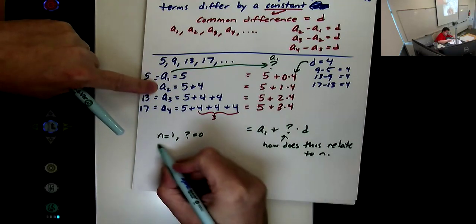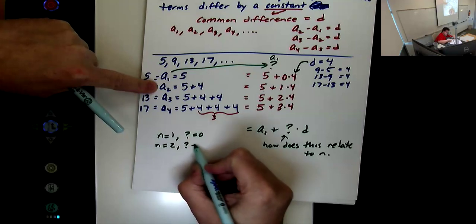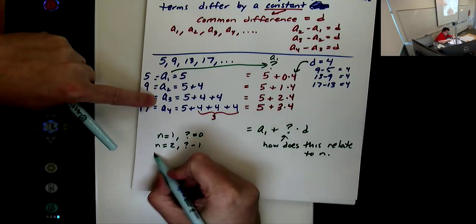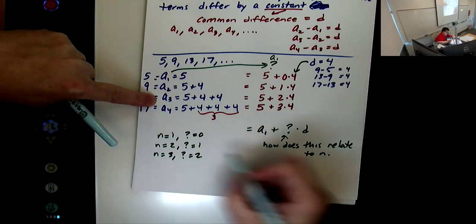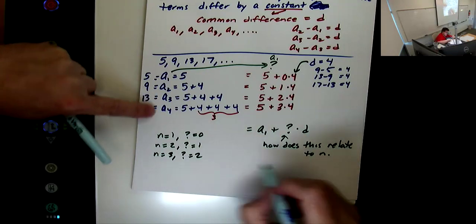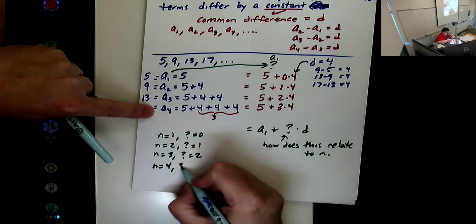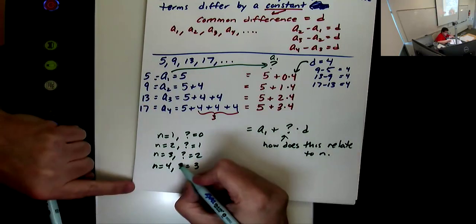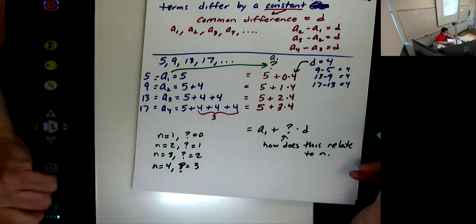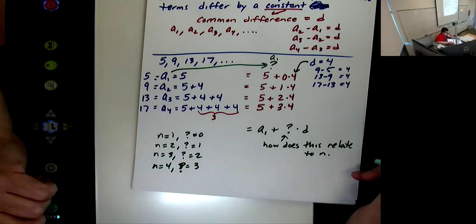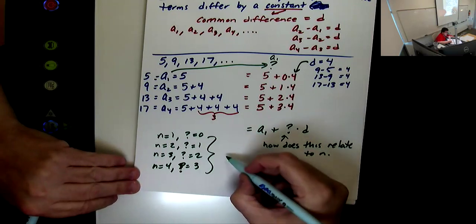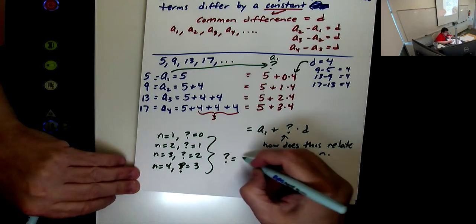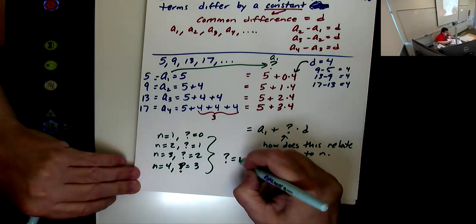When n equals 2, question mark equals 1. When n equals 3, question mark equals 2. When n equals 4, question mark equals 3. If you look at what's going on here, we could say question mark equals n minus 1.